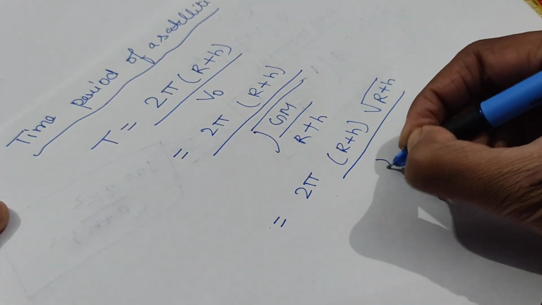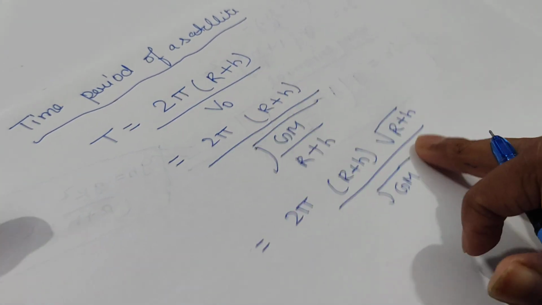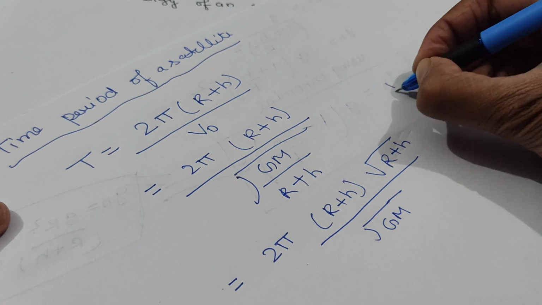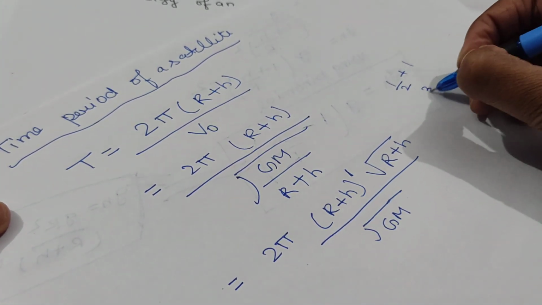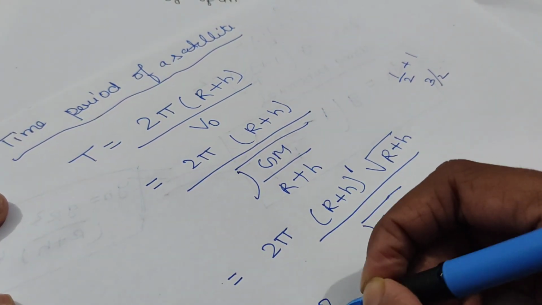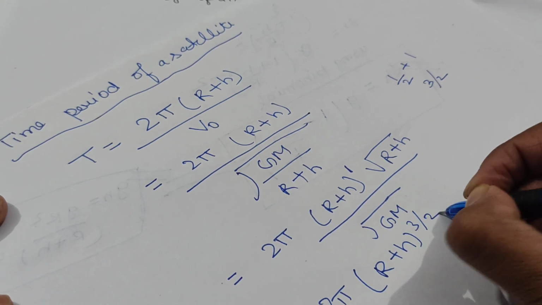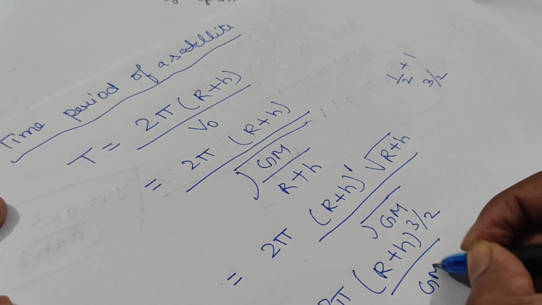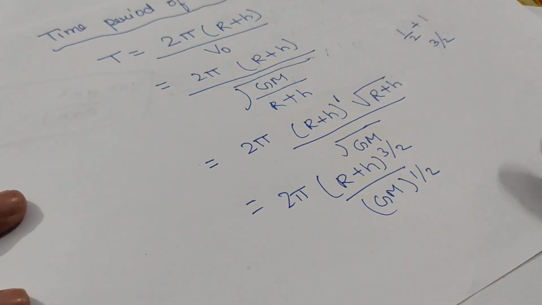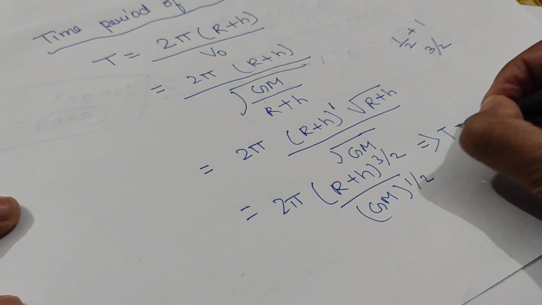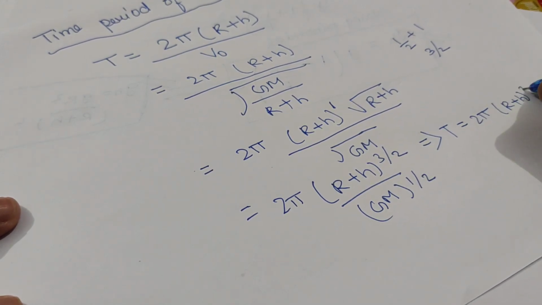The under root is half power and r plus h is the first power, so adding them it becomes 3 by 2. So T equals 2 pi (r plus h) to the power 3 by 2 over G M to the power half.